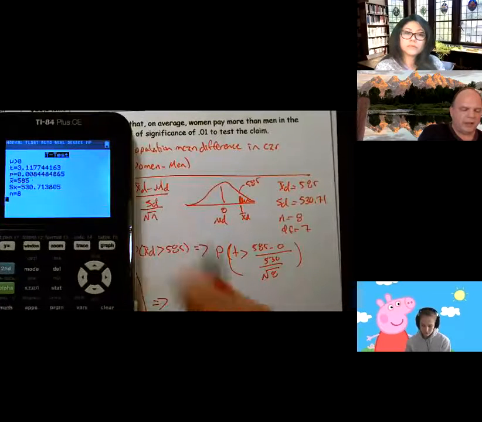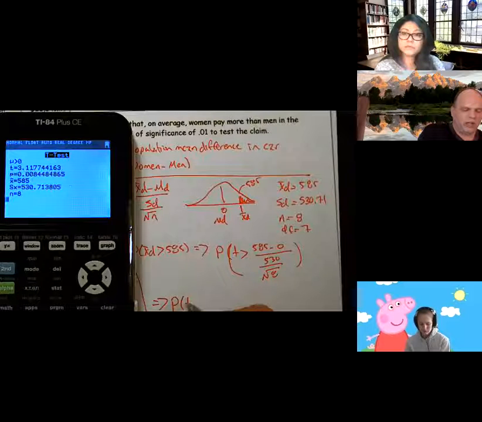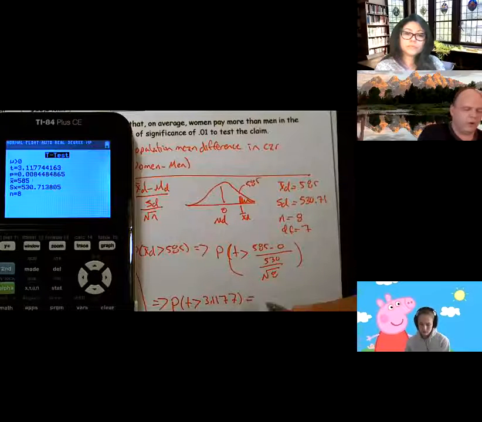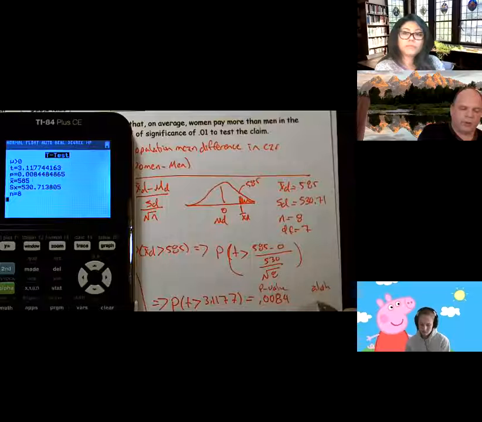So the probability that t is greater than 3.1177 equals 0.0084. They told us to test at an alpha of 0.01. So this is my p-value. Here's my alpha, 0.01, make them the same length. Well, 84 is definitely less than 100. So this is less than. So our decision is reject the null.